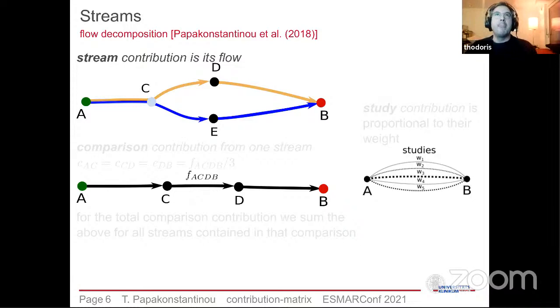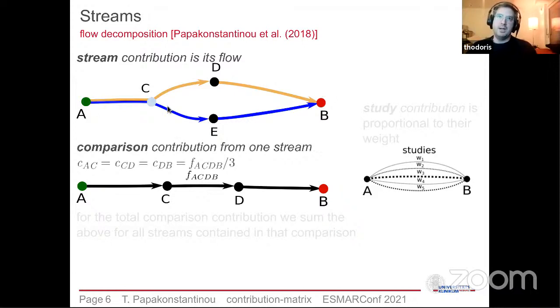Okay, so in order to do the flow decomposition, we break up the flow into a number of streams of constant flow, where the contribution of each stream is equal to its flow. The stream is therefore defined by its path and its flow. For example, in this figure, we have 2 streams, the upper one and the lower one, the blue and the orange.